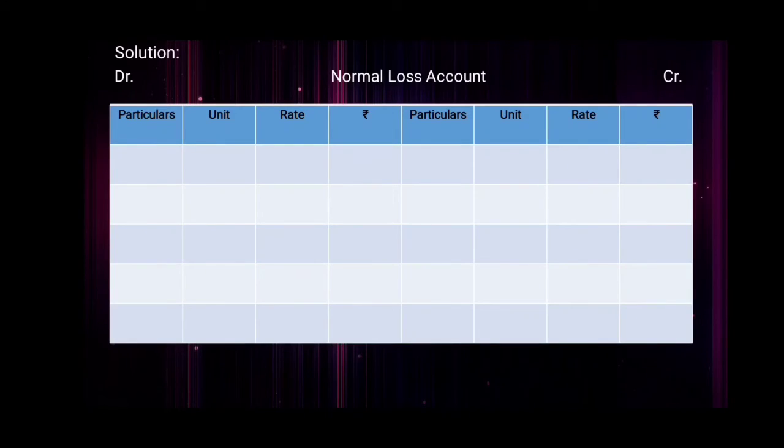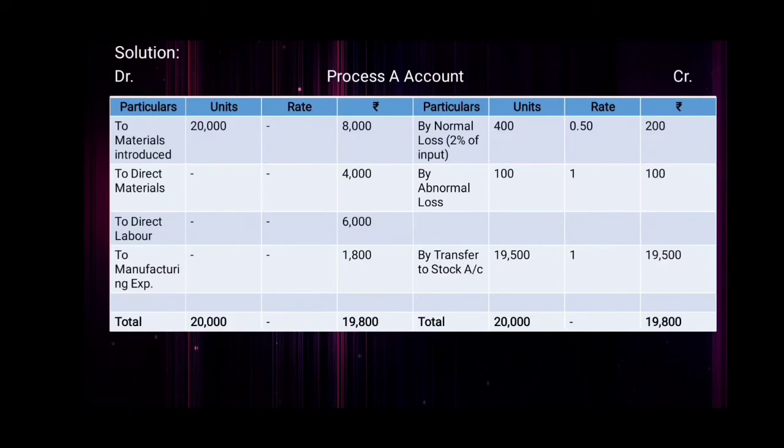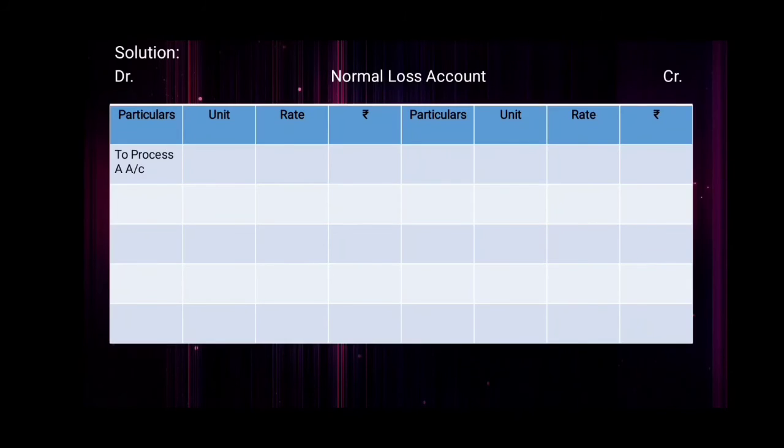Now let us prepare normal loss account. By normal loss, 400 units at the rate of 0.50, amount is 200. To process A account, 400 units at the rate of 0.50. Total amount will be 200.